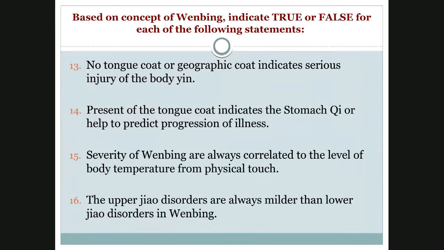Now, number 13. No tongue coat or geographic tongue coat indicates serious injury of the body's fluid. So basically we all agree this is correct. It could be current, could be in the past, depending on the color of the tongue.